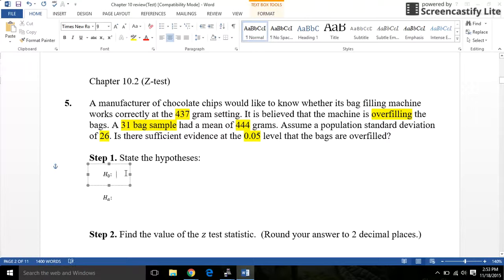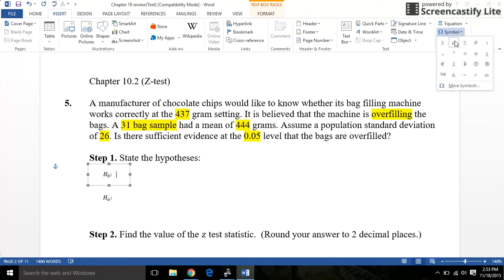So the first thing I'm going to do is, I know this is a mean, so I'm going to get my mean symbol and put it here. What we're testing is if it's overfilling the bags, so I'm going to fill in my alternative. The mean is greater than, and I have to use my population mean. I'm not going to use 444 grams because that's the sample one.